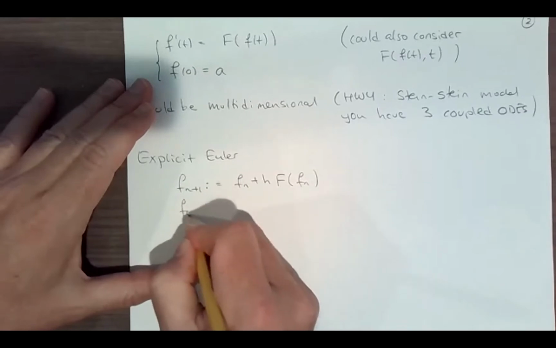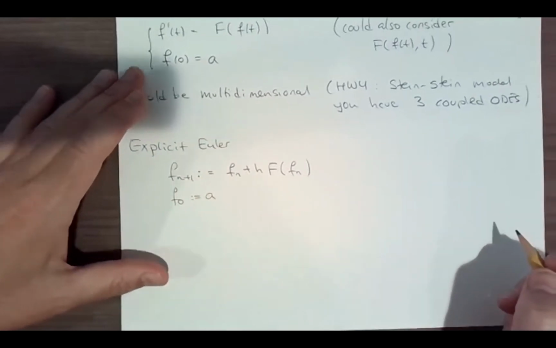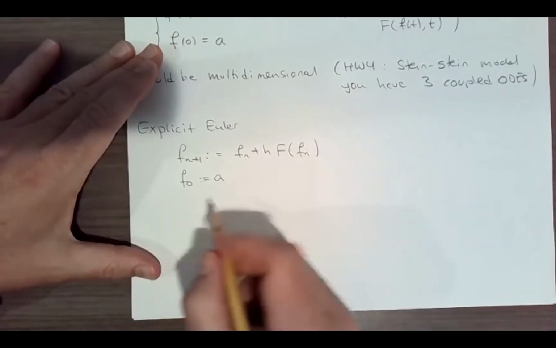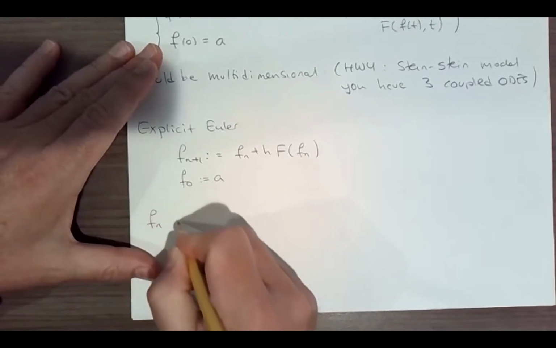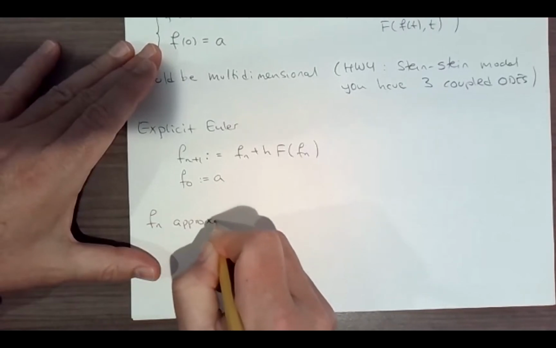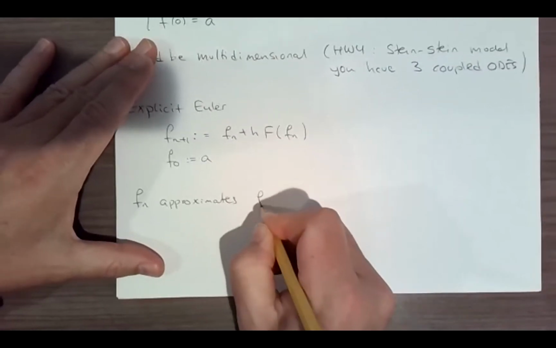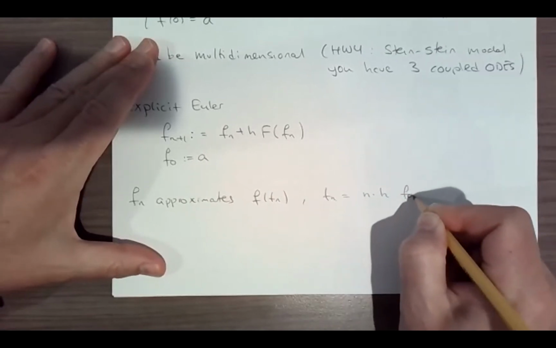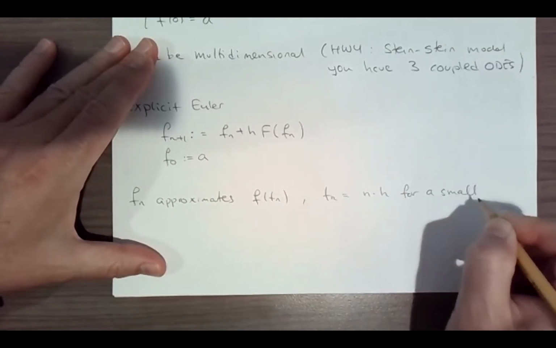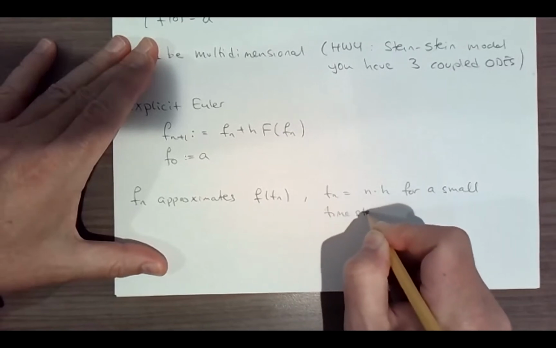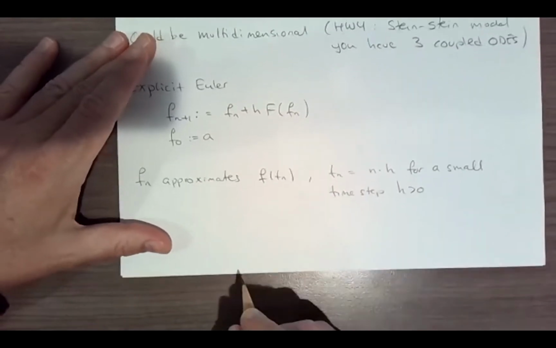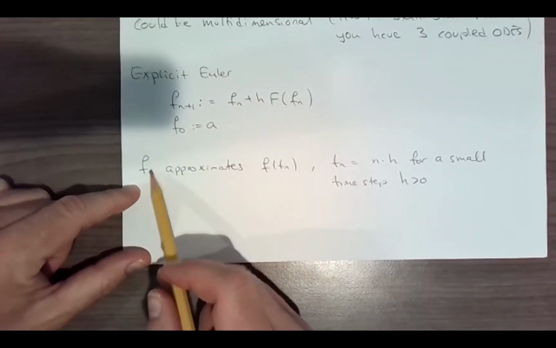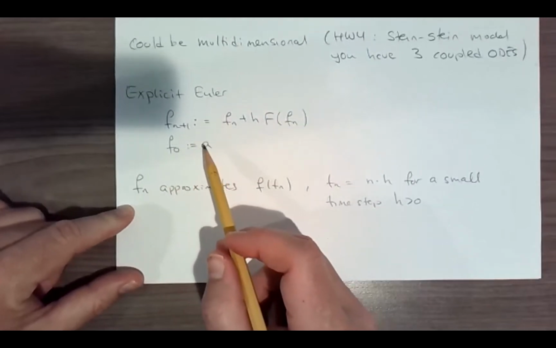And then the initial point, this was A. What we have in mind here is that Fn approximates f of Tn, and Tn is equal to n times h for a small time step.